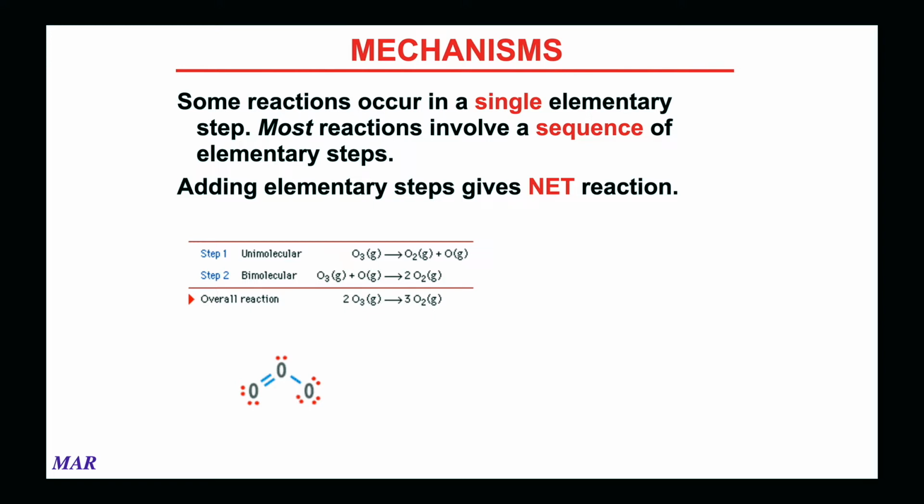So ozone breaking down to oxygen has been studied extensively, and what they feel is that it's a 2-step mechanism. The first step, which is unimolecular, is ozone breaking down to oxygen and an oxygen atom. And oxygen atoms are pretty reactive because oxygen likes to be a diatomic.